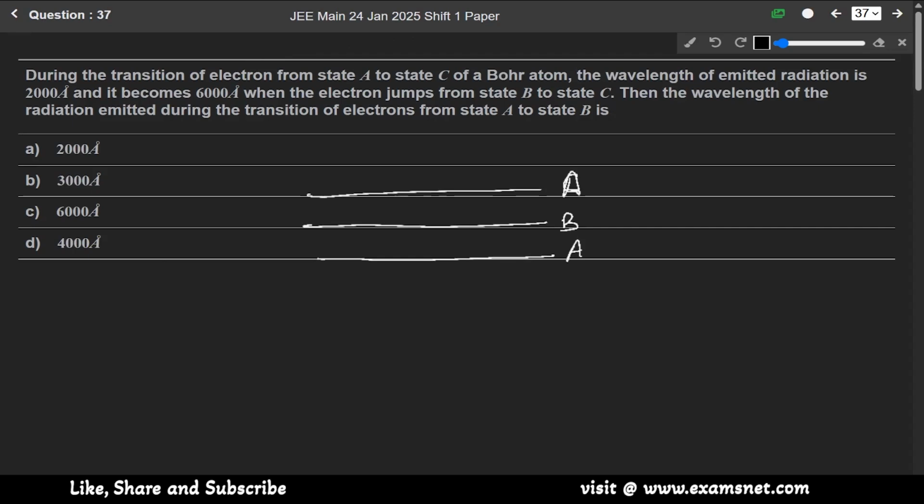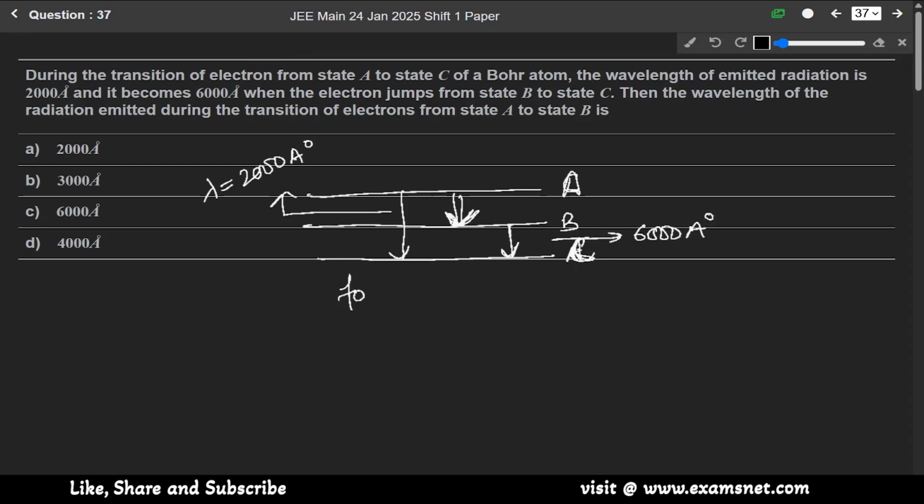Okay, this is A, B, C. When it is coming from A to C, the wavelength is 2000 angstrom and it becomes 6000 when the electron jumps from B to C. Then what is the wavelength of the radiation emitted during the transition of electron from A to B? We have to find for A to B.